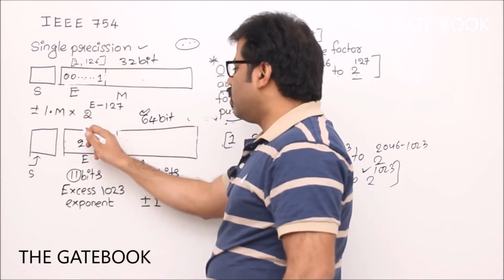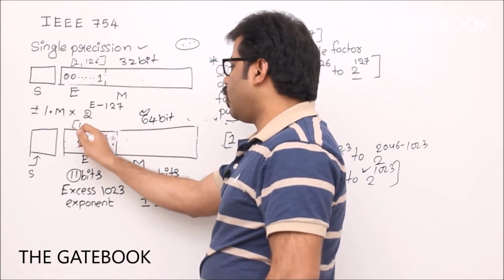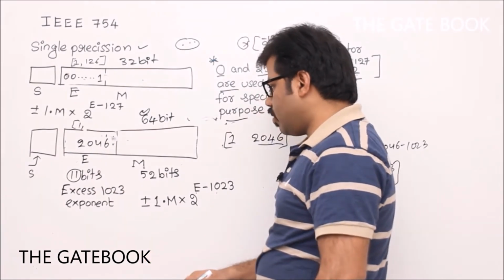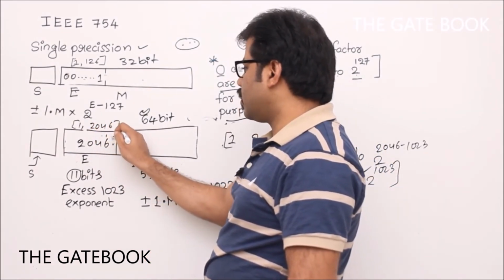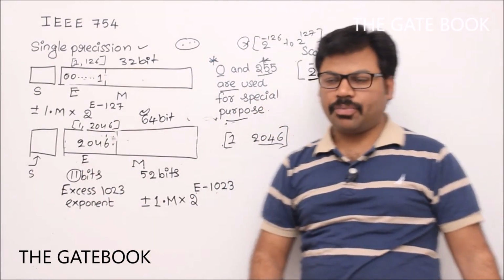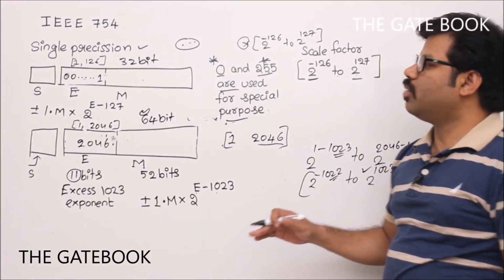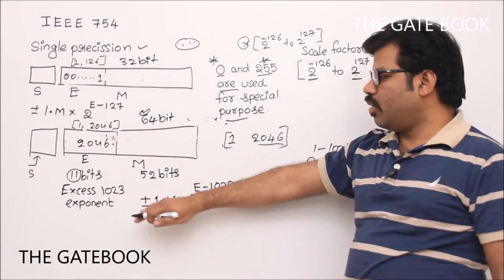Similarly here, the minimum number we have to use is 1, because 0 is for special purpose. Second one is the maximum number 2046. That you should remember. Okay.